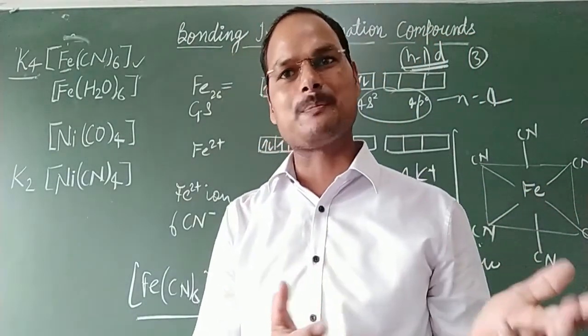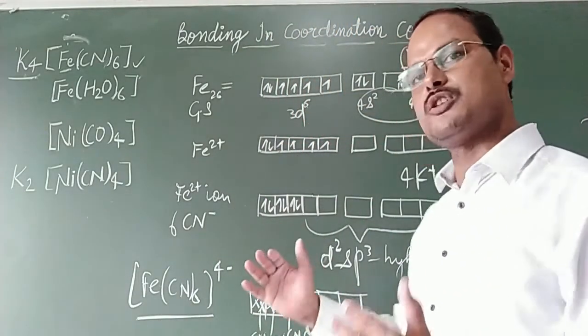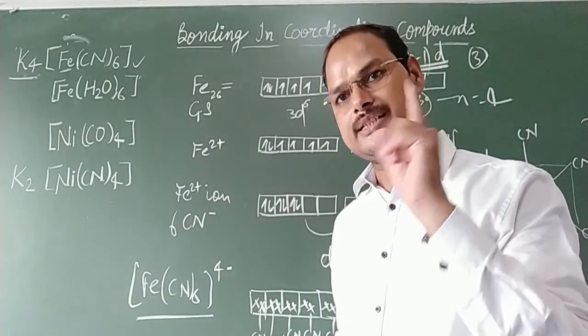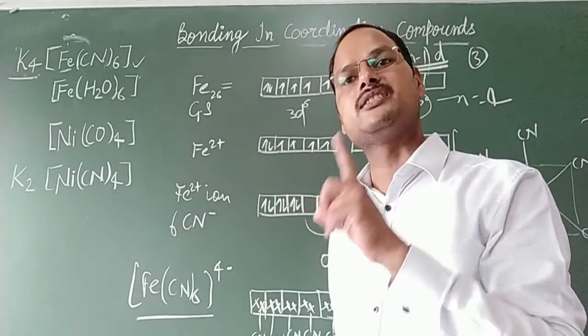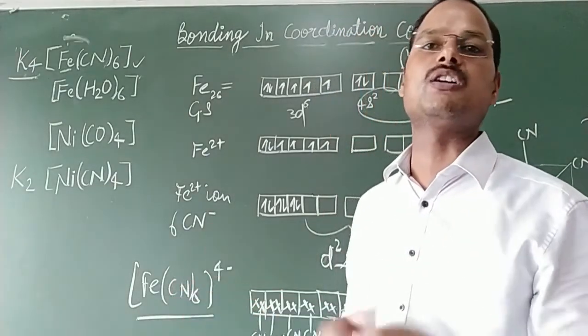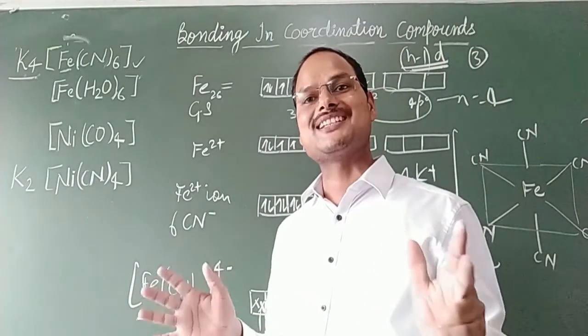Is it diamagnetic or paramagnetic? Paramagnetic and diamagnetic can be easily found on the basis of paired or unpaired electrons. If any orbital has a single electron, that is, if any orbital is with one electron, then that will be paramagnetic. If all electrons in all orbitals are paired, then that will be diamagnetic. I hope you understand this concept.